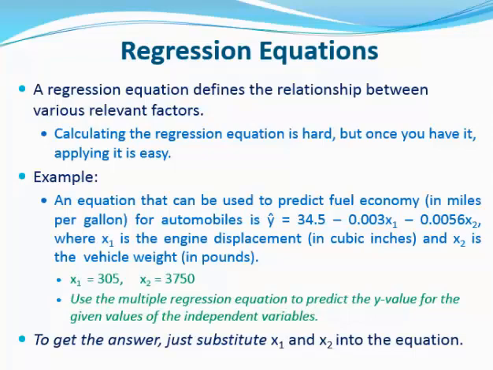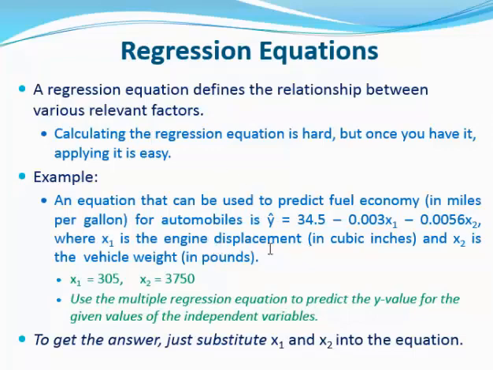That's because once you have the regression equation and you have the data that make up the variables in the equation, all you have to do is just substitute. A regression equation defines the relationship between various relevant factors. Calculating the equation is hard, but once you have it, applying it is very easy. Let's take a look at an example.